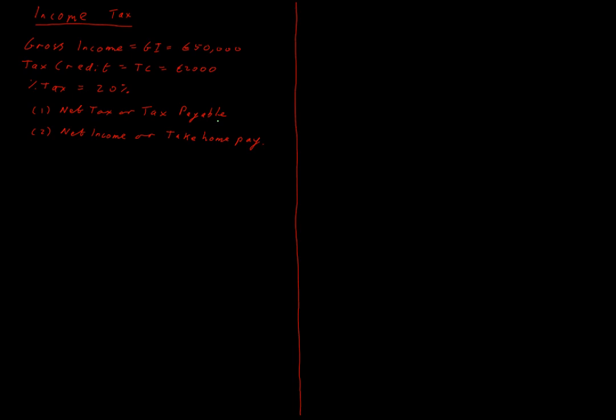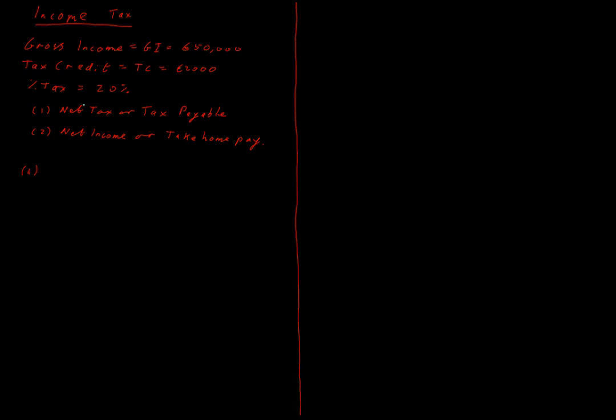So let's go through our steps here. We've started out with a gross income, which I'm calling GI, and we're going to look for how much tax we have to pay on that income. And that's going to be our net tax or our tax payable. So we're going to start at part one, and we're going to be looking for our net tax or our tax payable.